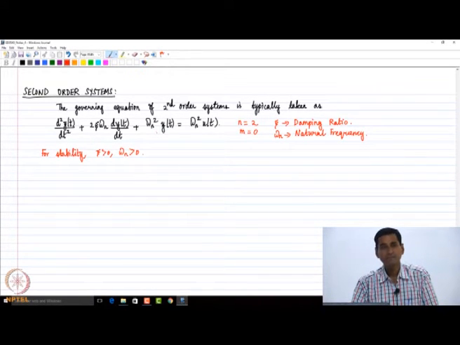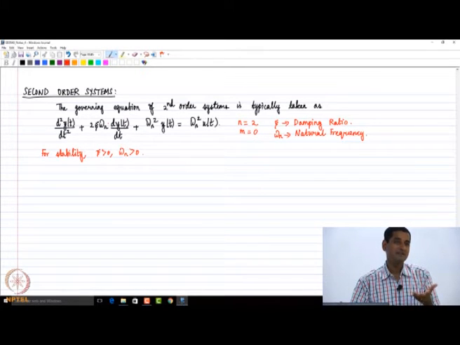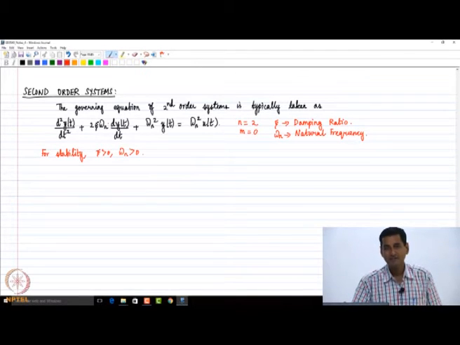In general, the system will be stable if zeta and omega n are real numbers of the same sign. But practically we associate physical meaning with these parameters, so we take them to be positive. Damping ratio and natural frequency are positive numbers, so zeta greater than 0, omega n greater than 0 is sufficient for stability.